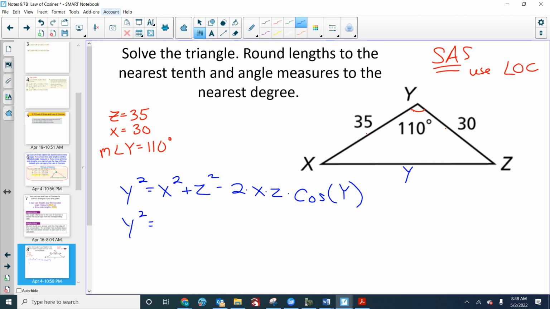Y is our unknown. Equals 30 squared plus 35 squared minus 2 times 30 times 35 times the cosine of 110 degrees. Do not round your answer until the very end.